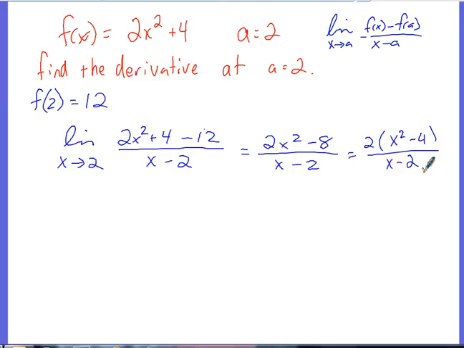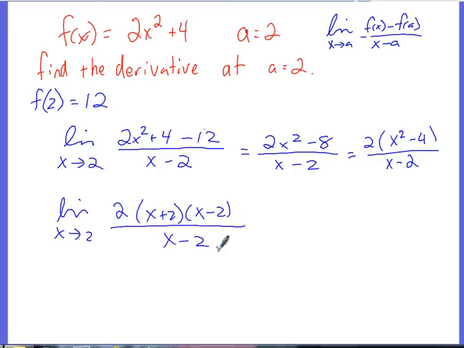So what factors of negative 4 will add to 0? So basically I'm left with the limit as x approaches 2 of my 2 that's out there, times x plus 2, x minus 2, all that over x minus 2, and then what do you notice? Those leave. So basically I'm left with the limit as x approaches 2 of 2 times x plus 2. And then you can plug in now. 2 plus 2, times 2 is 8.